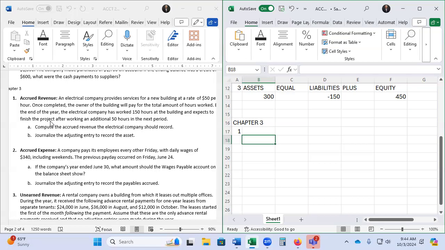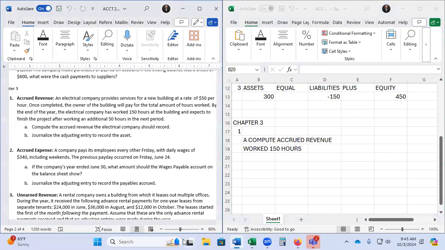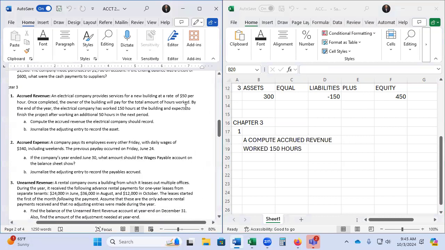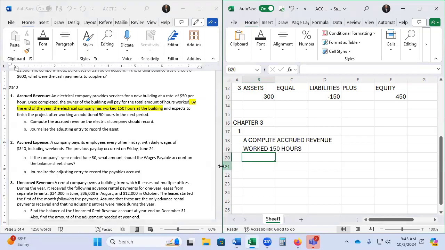Okay, so the first part asks us to compute accrued revenue. And so the company worked 150 hours by the end of the year. And so that's not been accounted for on the books yet, and so we have to accrue it.